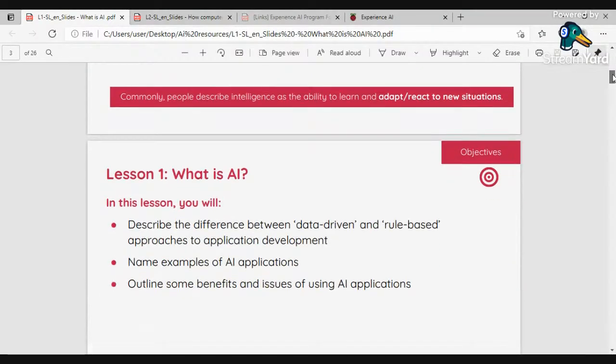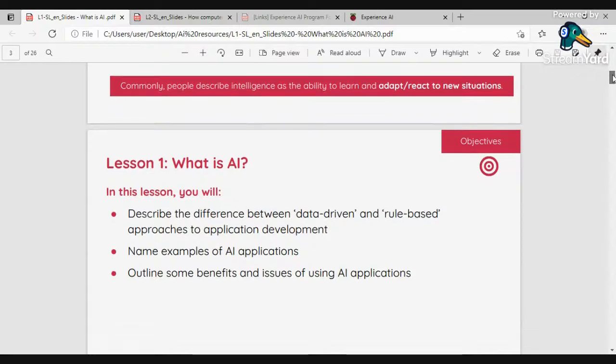This lesson is going to focus on three areas: describing the difference between data-driven and rule-based approaches to application development, naming examples of AI applications, and outlining some benefits and issues of using AI applications.